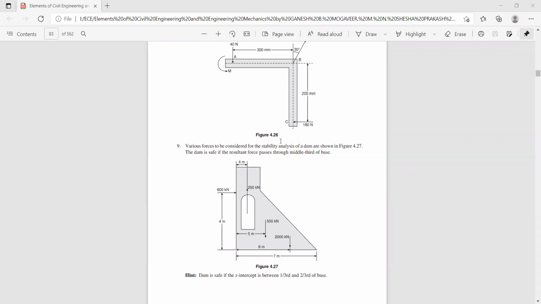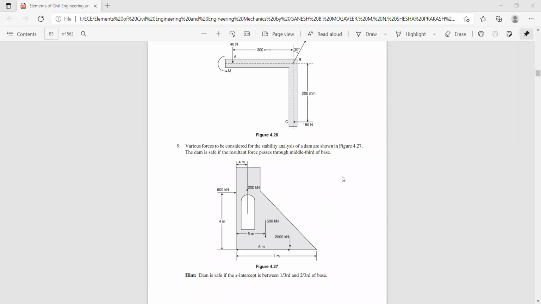So for the stability analysis of the dam, the resultant that you get should cut within the middle third of the base width of the dam. Now let us check the magnitude of this resultant. Consider the reference axes x and y.